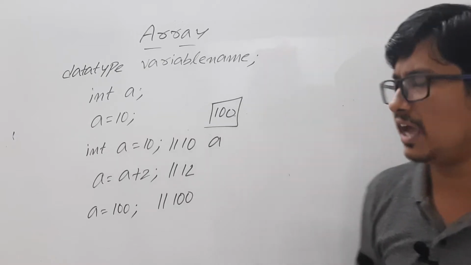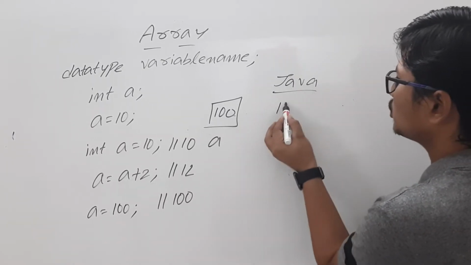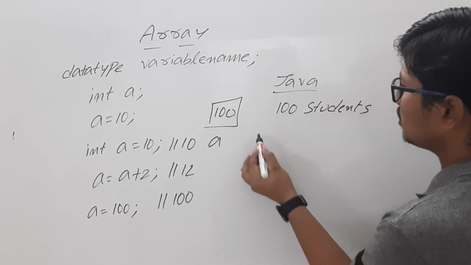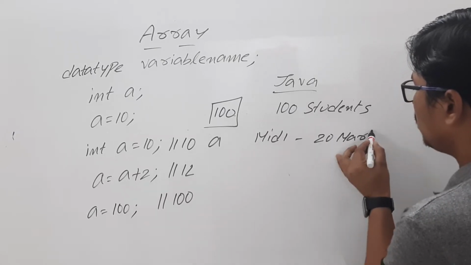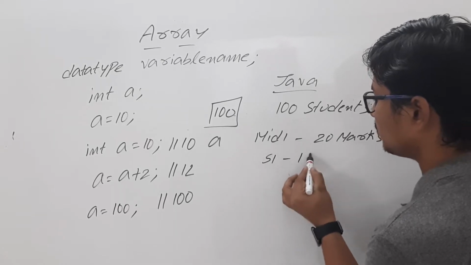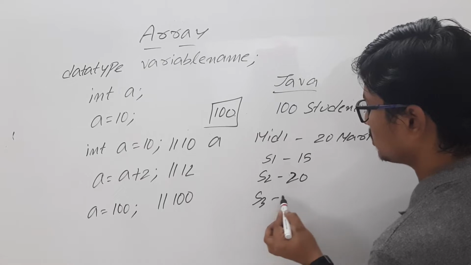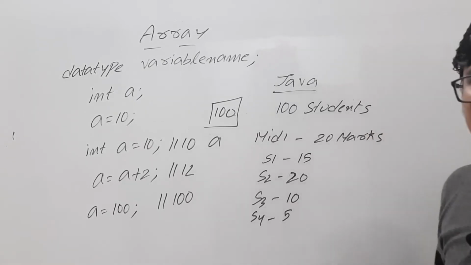But let's take a scenario. I am teaching a Java class for 100 students and I have conducted some exam, let's say the mid-1 exam for 20 marks, and I want to store each student's marks. Suppose student 1 got 15 marks, student 2 got 20 marks, student 3 got 10 marks, student 4 got 5 marks, like that.